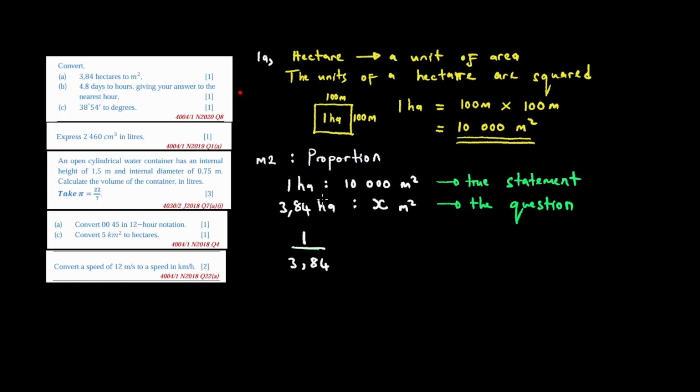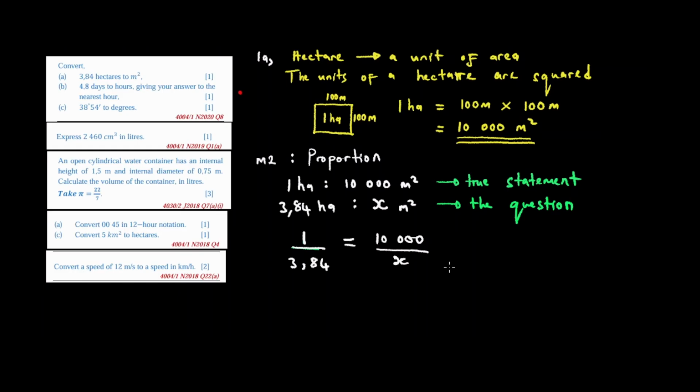We can temporarily drop these units. So 1 over 3,84 is equal to 10,000 over x.